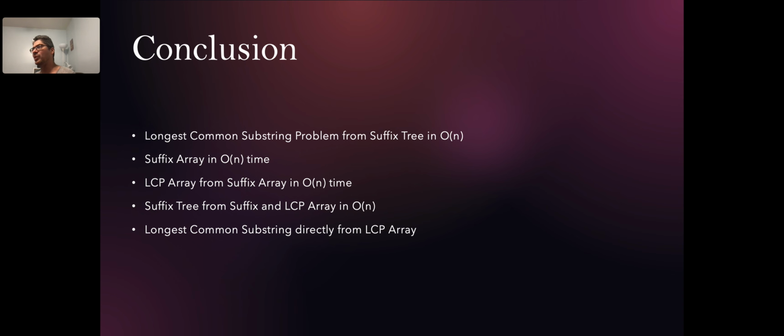So you must know that one suffix is from one string and the other suffix is from the other, and I just take the maximum. There are some details there, but we can derive the longest common substring directly from the LCP array for all the suffixes of both strings, and solve the longest common substring problem without even having to build the suffix tree, in linear time.